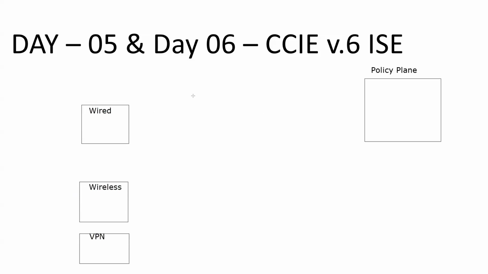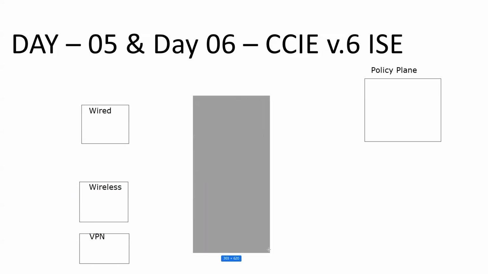Then in between, we have the corporate network, the networking components, and everything is connected. Then from the network, it is connected to the ISE, the policy plane.